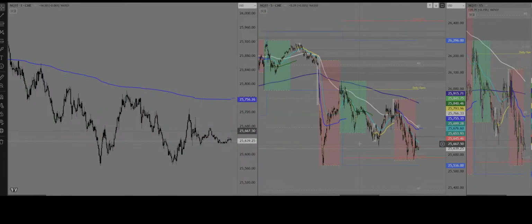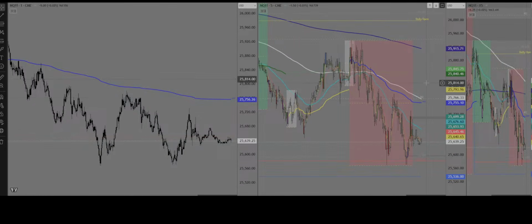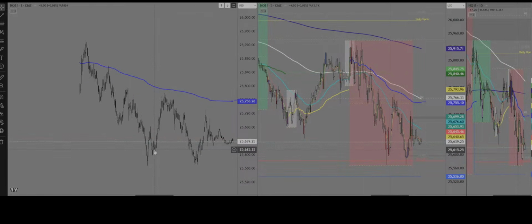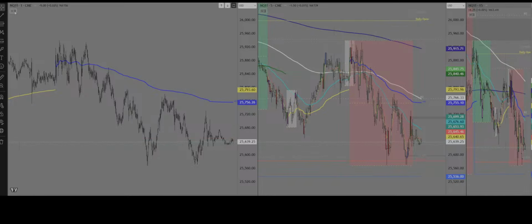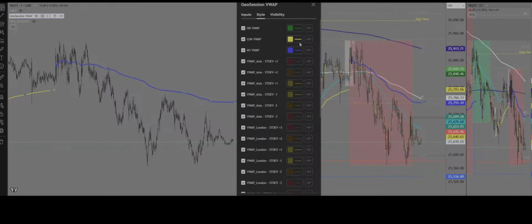But the one thing I was wanting to do, my VWAP bands aren't showing up. Let's fix that. Let's go to settings, show daily standard deviation bands. Should be popping up.